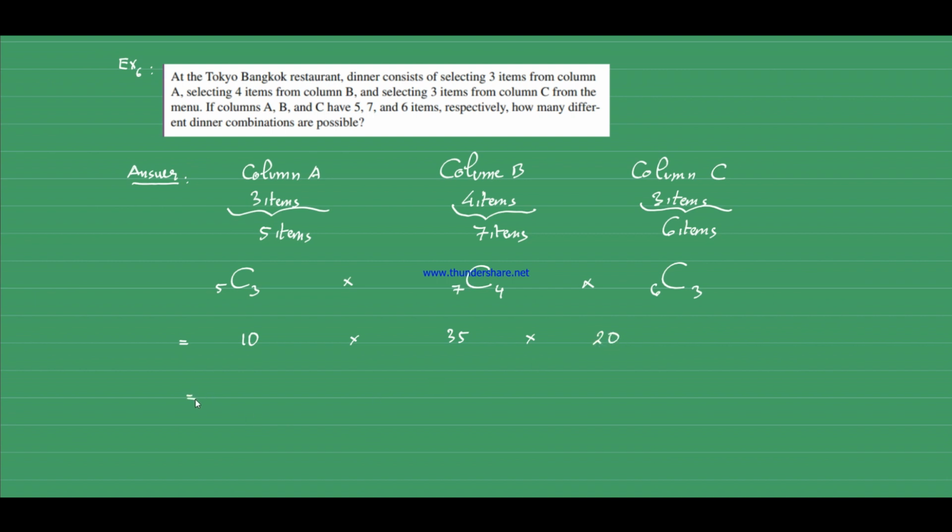So you multiply them up, and we have 35 times 10, so we have 7,000 options. 7,000 possible combinations. That's what it means.